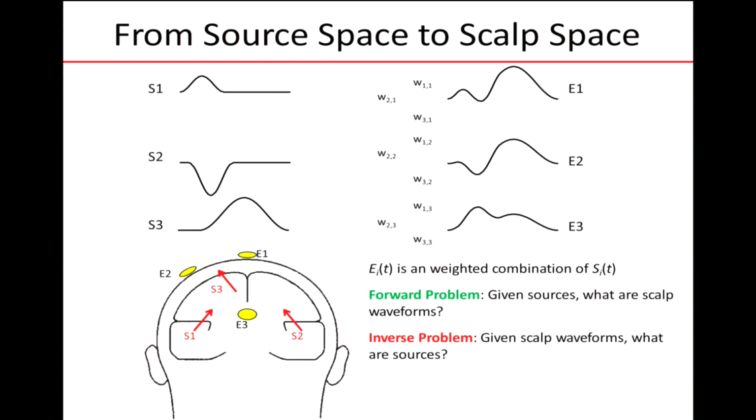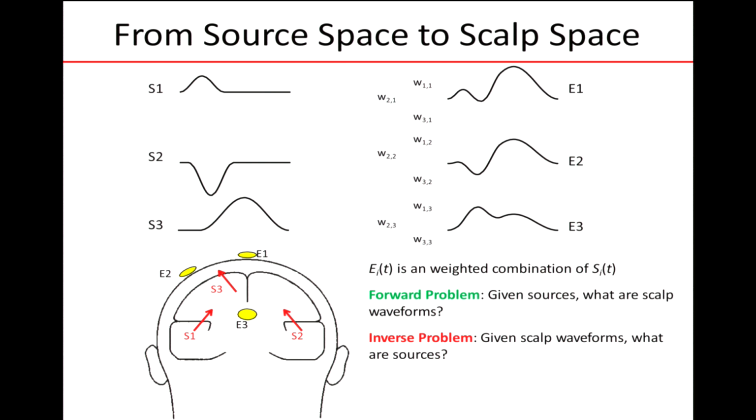Now, the forward problem is this: suppose you know exactly the location, strength and orientation of the sources. Then, given these sources, our task is to find what the scalp waveforms would be.